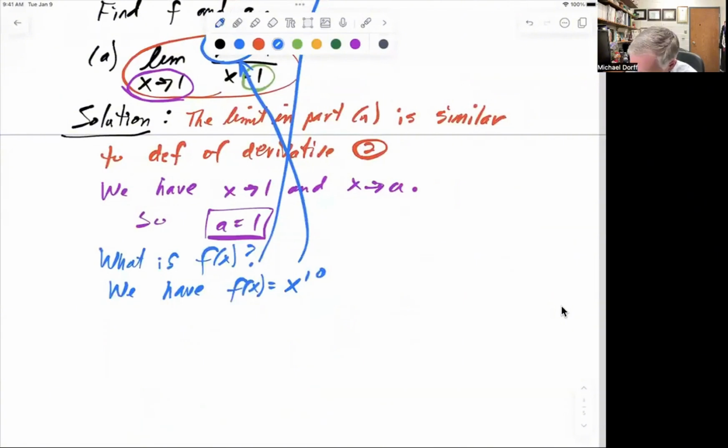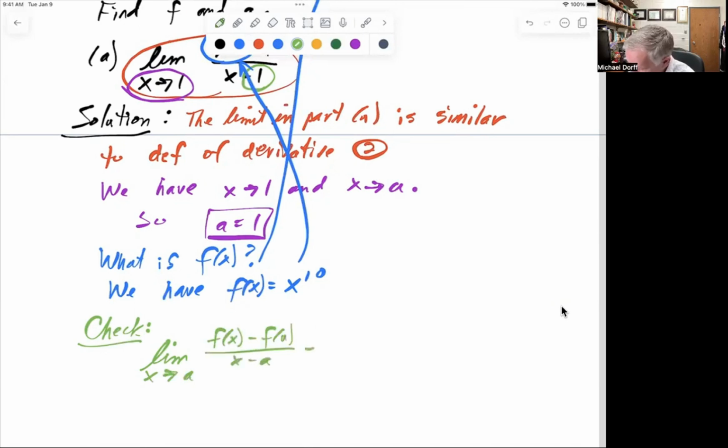And then the last thing I'll do is check this. Let me use a different color here. I haven't used green. So check: if I'm given this limit, well, let's use the definition, the limit as x goes to a of f of x minus f of a over x minus a. So I substitute these in. I get the limit as x goes to, we're saying a is 1, so here I'm going to put in a 1.